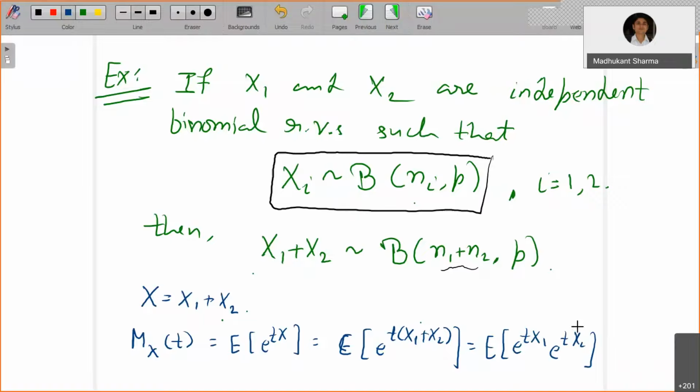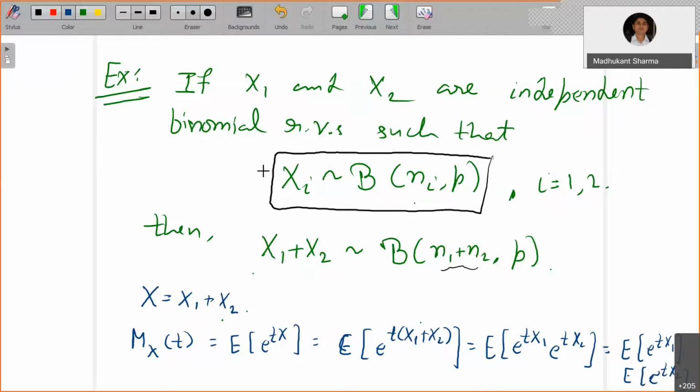So e to the power tx1 and e to the power tx2 are also independent random variables whenever x1 and x2 are independent. Once you have that independence, the expectation of the product is the product of the expectations, expectation of e to the power tx1 times expectation of e to the power tx2.